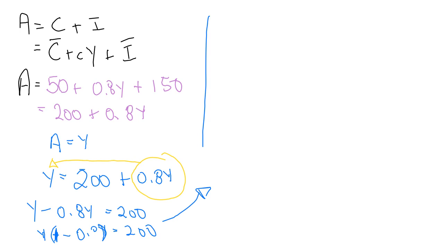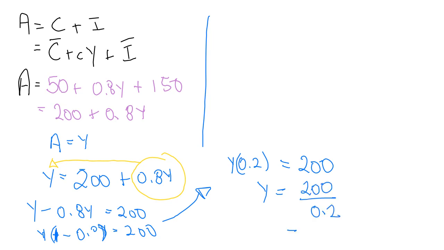This would then be Y times 0.2 equals 200. And now just to get Y, we'll divide both sides by 0.2, and that would be 200 divided by 0.2. Now, please put that in your calculator, and as a result, let me know what digit you got.